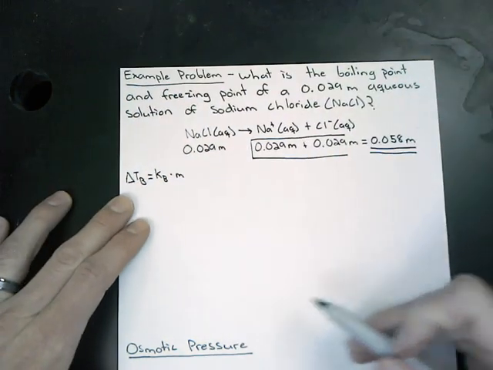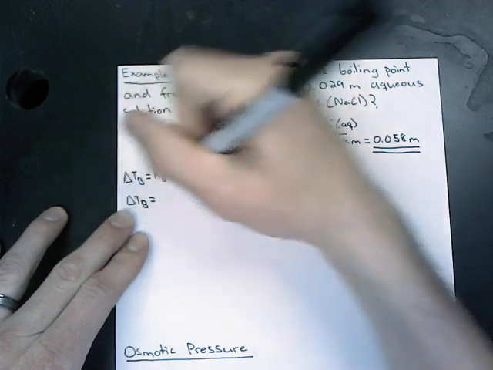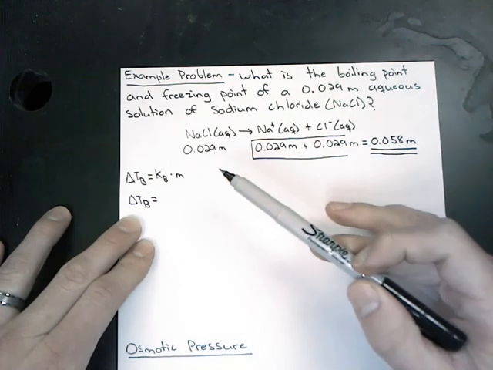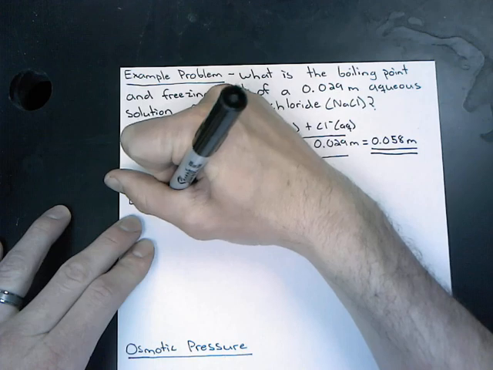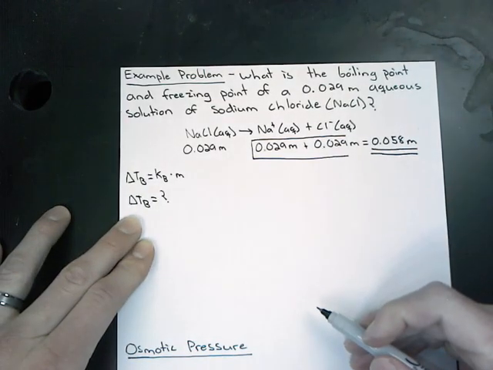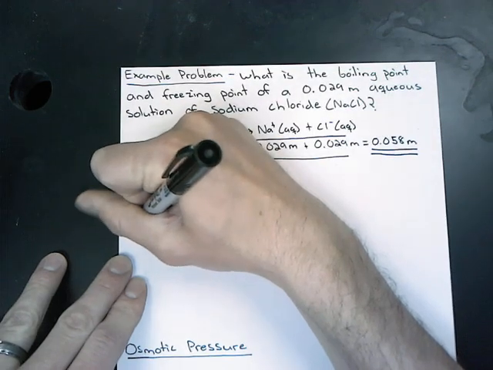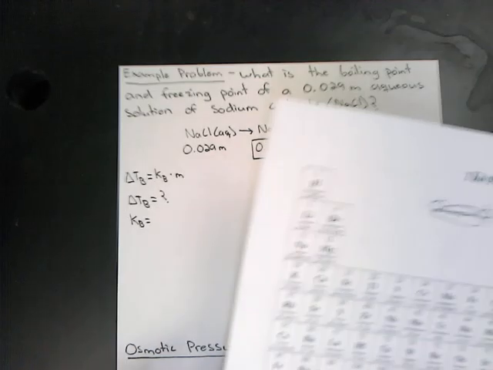So delta TB, nowhere in the problem did it say anything about the temperature changing degrees Celsius. So ultimately this is going to be our big question mark that we go after and we find. Now our KB, these things are constants and they never change.